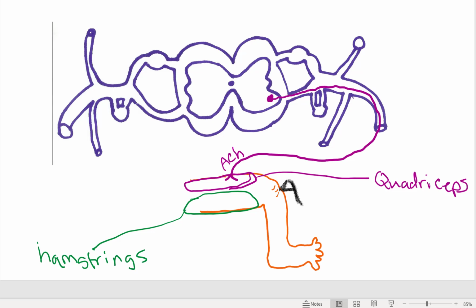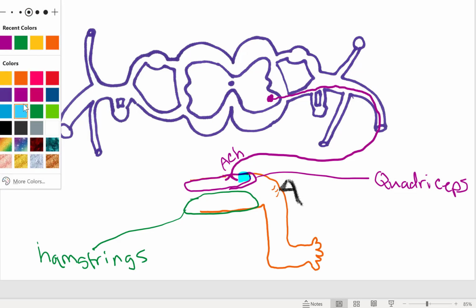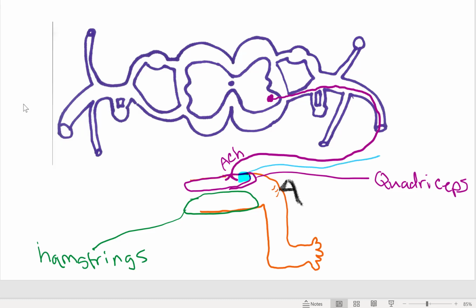They're called spindle fibers, if you want to know what they are. So I'm going to draw a spindle fiber here in blue. And I always tell my physiology students, think S for spindle and S for stretch.